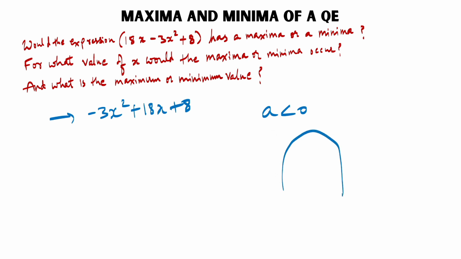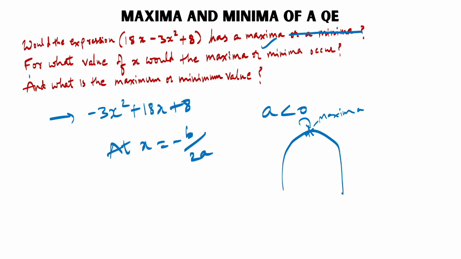It is an inverted parabola, and when it is inverted we will get a maxima, right? And we know at x is equal to minus b by 2a we'll get the point, and if you substitute that value of x in this equation, we will get the value. So the first one is ruled out. We will get a maxima and not a minima.